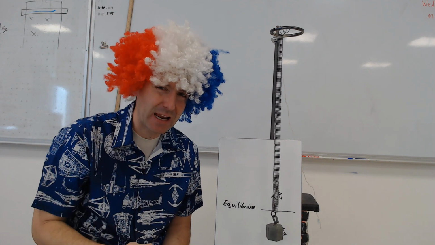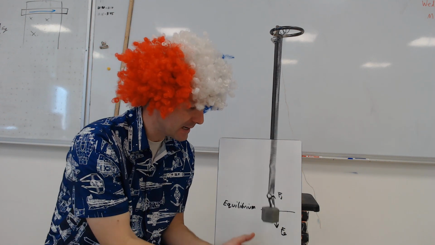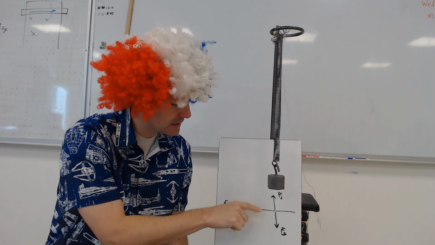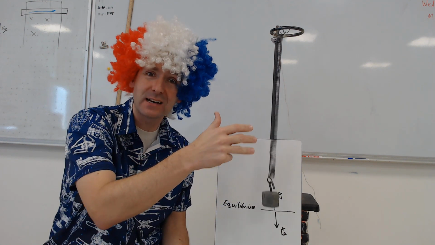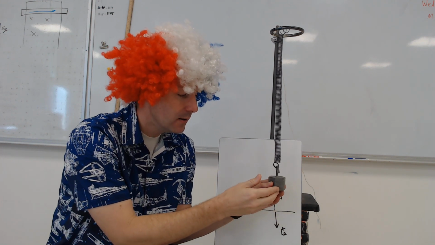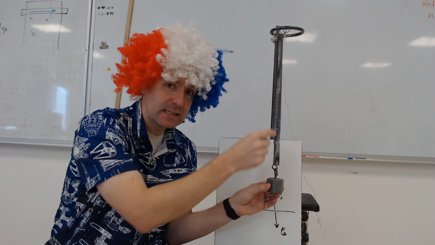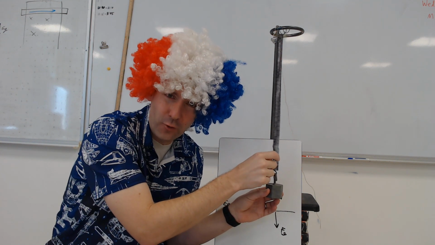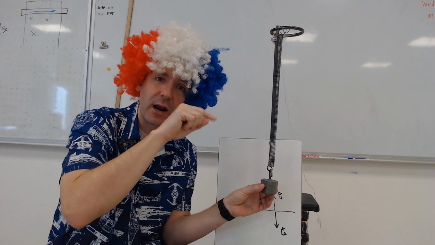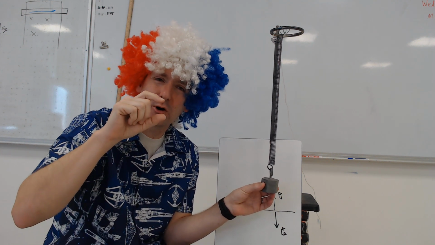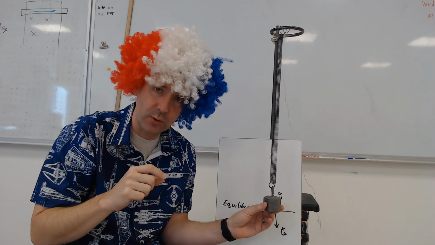Now, something interesting happens. Once I pass that equilibrium point, you can tell that at some point it passes my equilibrium point, it's up above that. Once I pass the equilibrium point, now the distance x is less than what it was before. So if x is less, then when I do F equals kx, Hooke's law, the spring force is now going to be less than what it was when it was at equilibrium.